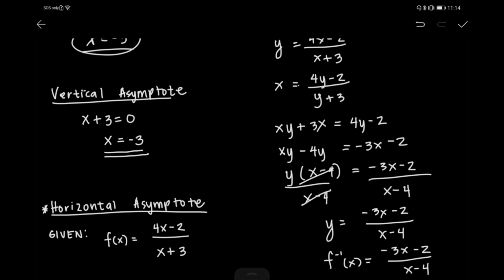Kunin natin yung leading term ng ating numerator at leading term ng ating denominator. So ano po ba yung pinakamataas na exponent ng ating numerator? So of course yung 1. Okay? Pinakamataas na exponent ng ating denominator. So of course this is also 1. So therefore si 4x is the leading term ng ating numerator at si x naman is the leading term ng ating denominator.